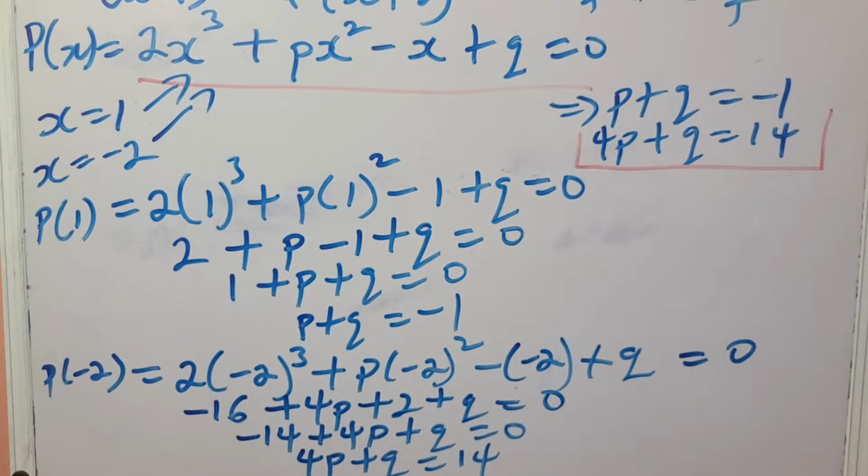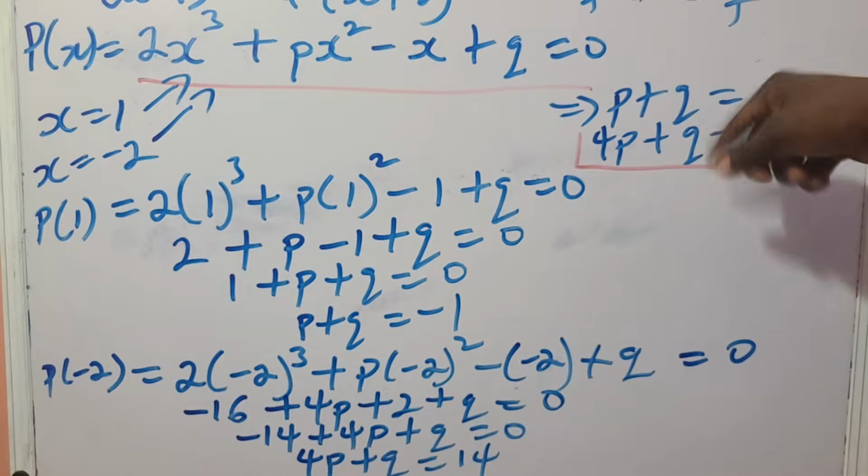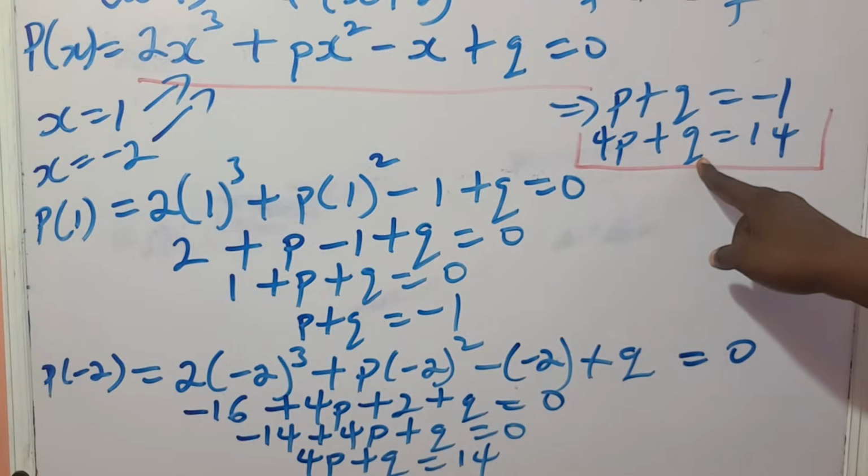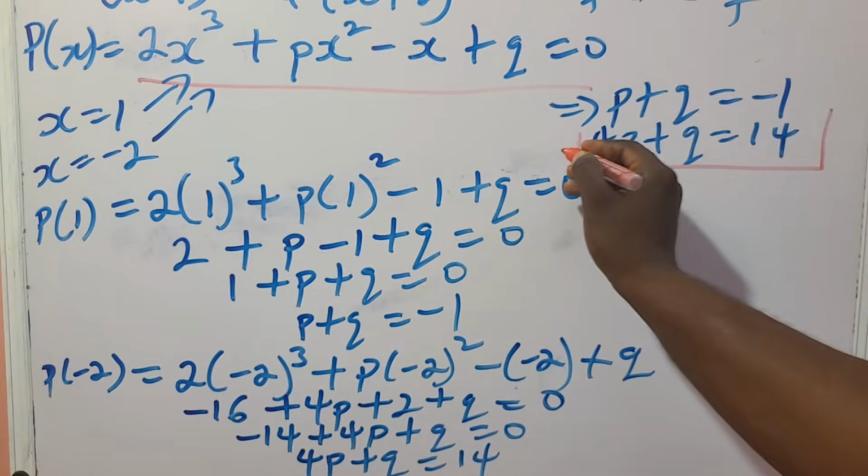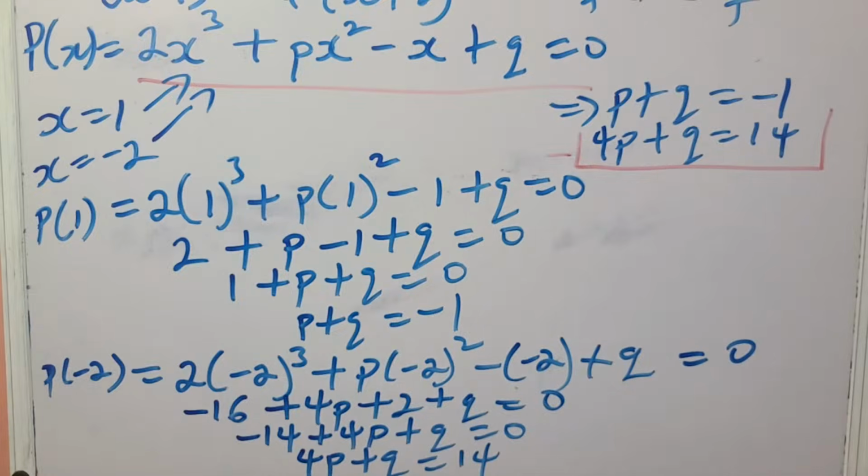And to solve this simultaneously, I can go on to use the elimination method, where I want to eliminate the q, because I can see we have q and q here. So what I have to do is to just subtract the two equations. So by subtracting, what I'm going to have is p minus 4p.